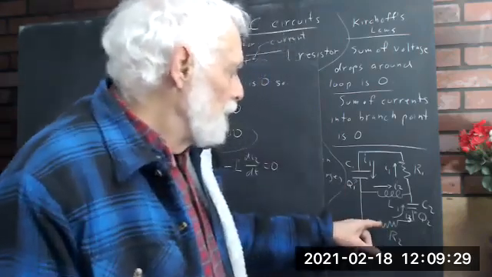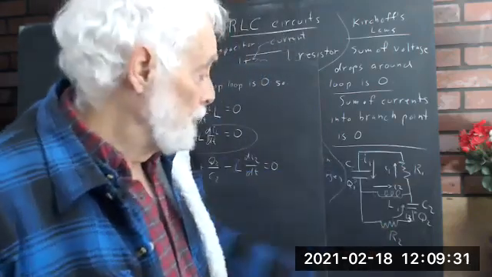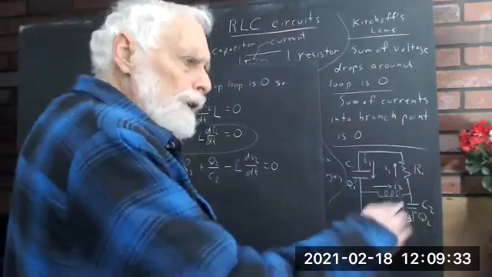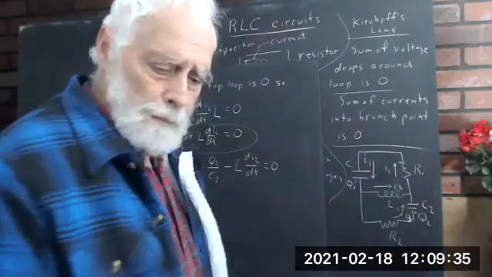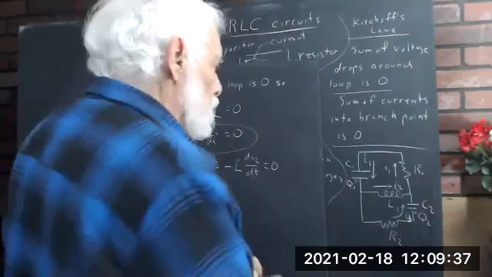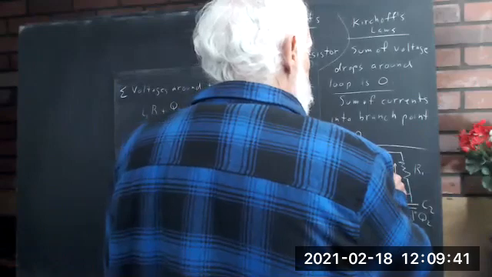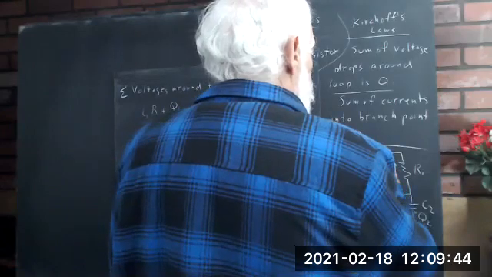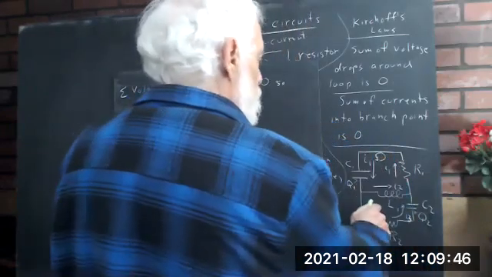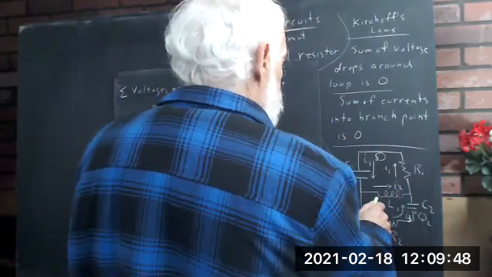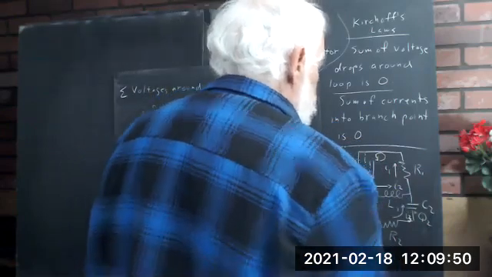Okay, so if I wanted to go around the loop this way, that would be okay too. So, another thing we need to do that I should have said earlier, for that reason, is we choose this direction around this loop, and I'm going to choose the counterclockwise direction around this loop.